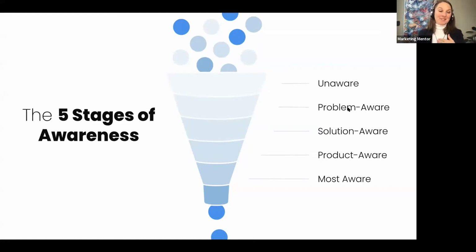And we have these other 4 stages where we do marketing. So problem aware means I know I have a problem, but I'm not sure what solutions exist, and I'm not sure who has those solutions. So I may understand that I have a criminal issue that may need some help, but I'm not sure what kind of help exists, and I'm not sure who is providing that help.